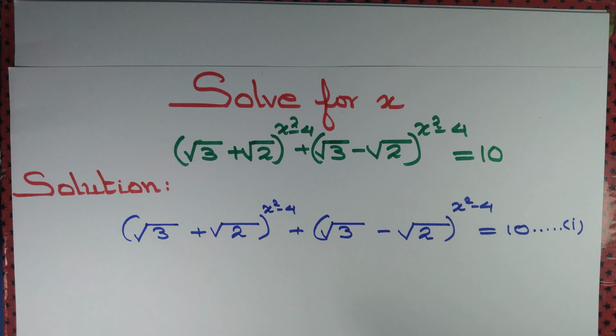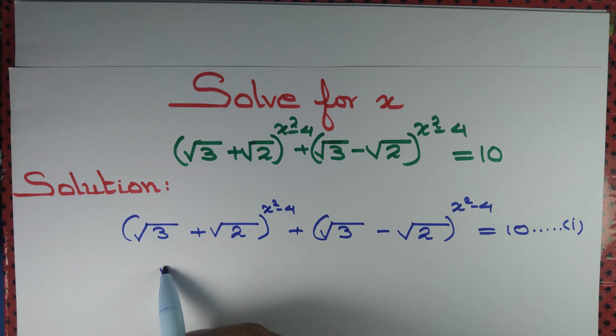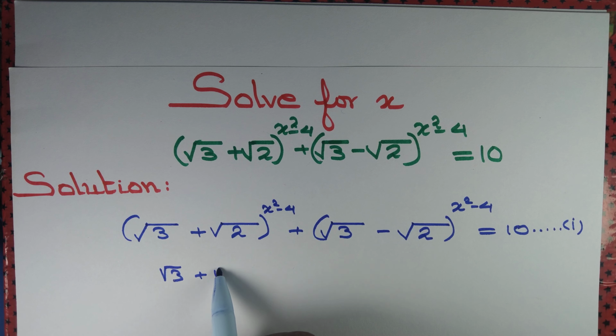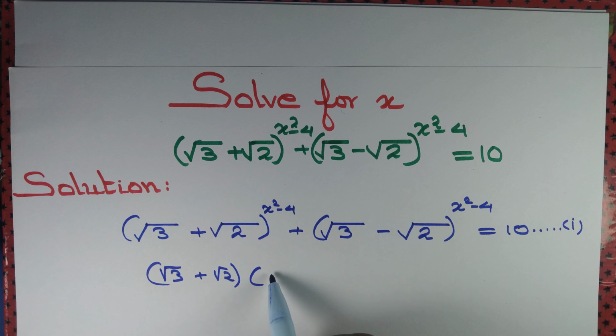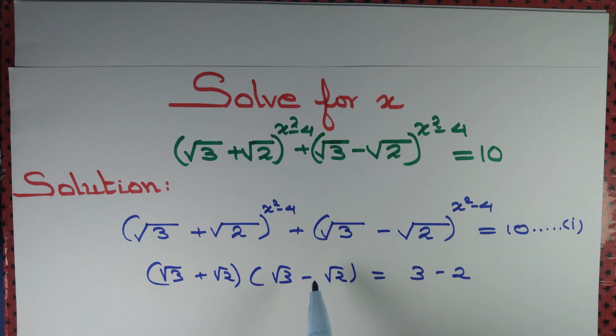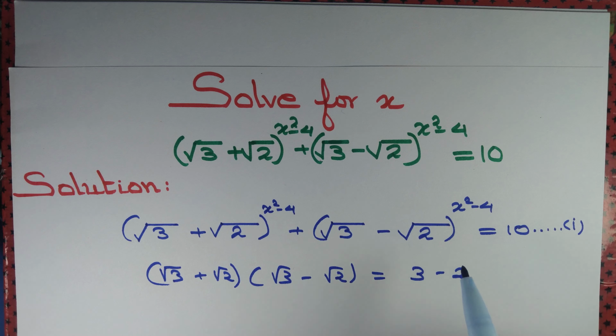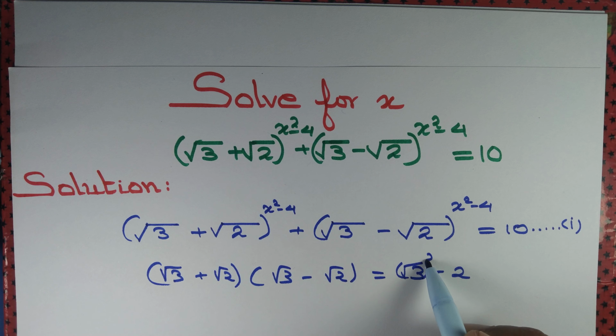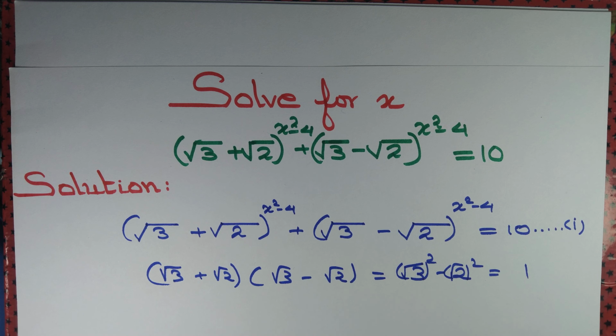It's a bit complicated. However, you observe that (root 3 plus root 2) into (root 3 minus root 2) equal to 3 minus 2, because (a plus b) into (a minus b) equal to a square minus b square. So root 3 square minus root 2 square, that's 3 minus 2, which is equal to 1.